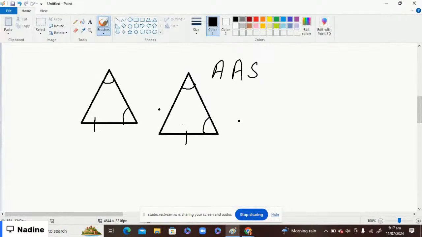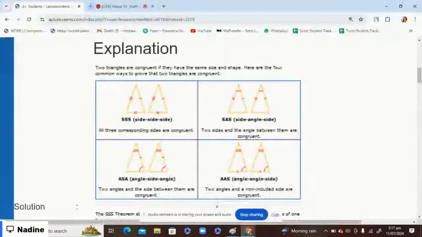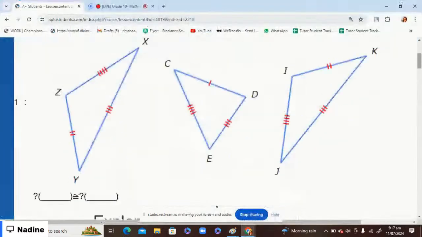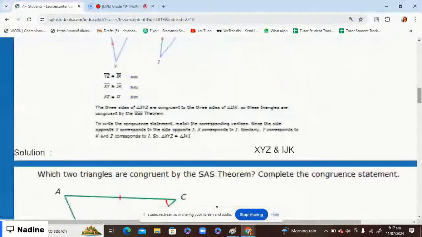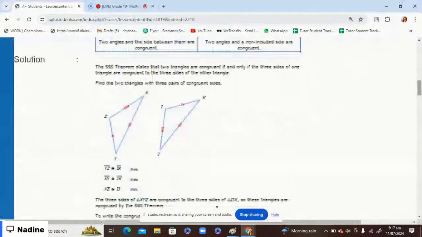Now we just need to compare using this theorem. They are saying SSS, which means you are going to compare all three sides of the triangles. If we take these two triangles, how can we check? First of all, YZ equals IK.